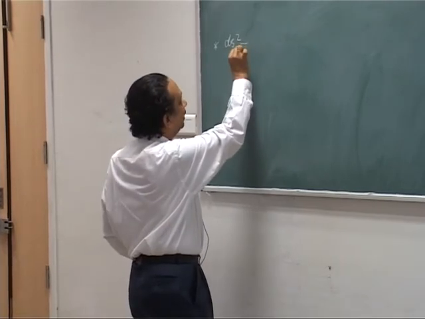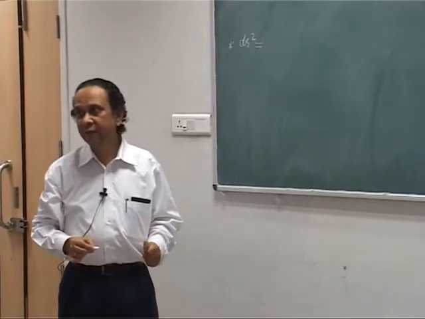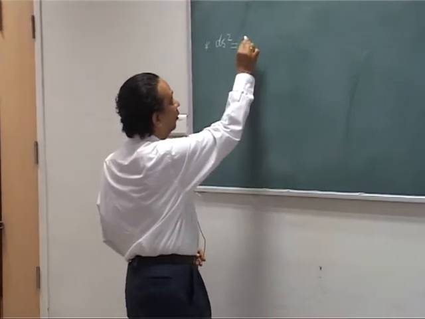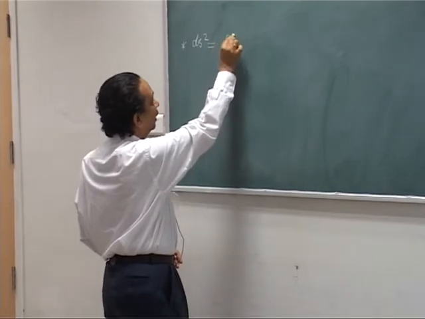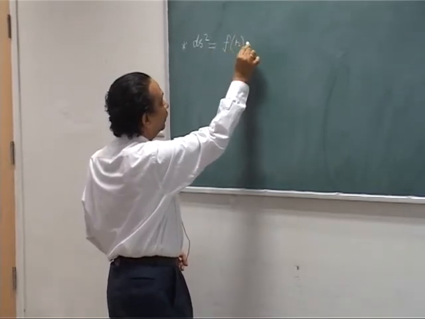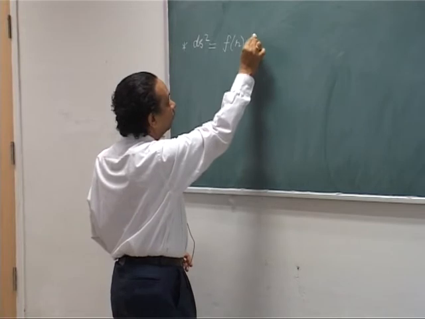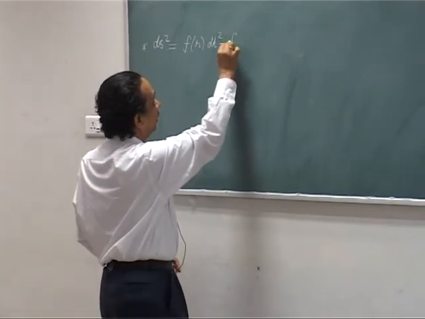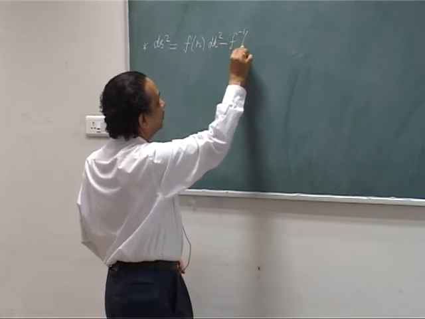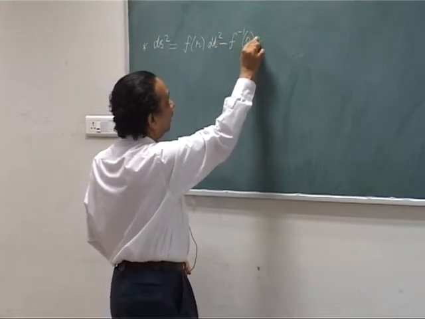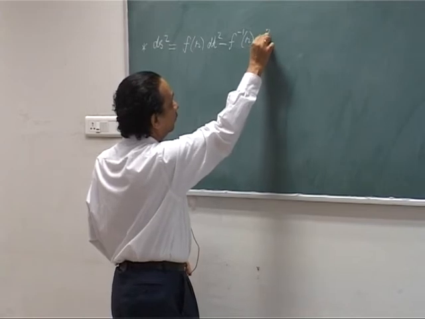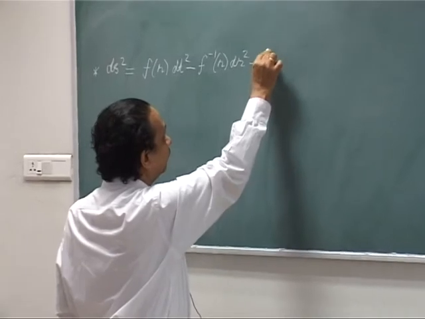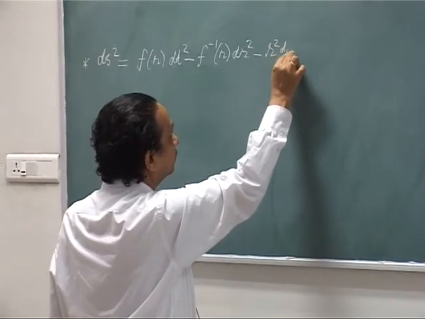So, we found that the metric of a spherically symmetric source can be written in a fairly simple form, which I will now write: f of r dt square, then 1 by f, which I will write as f inverse of r dr square, minus r square d omega square.